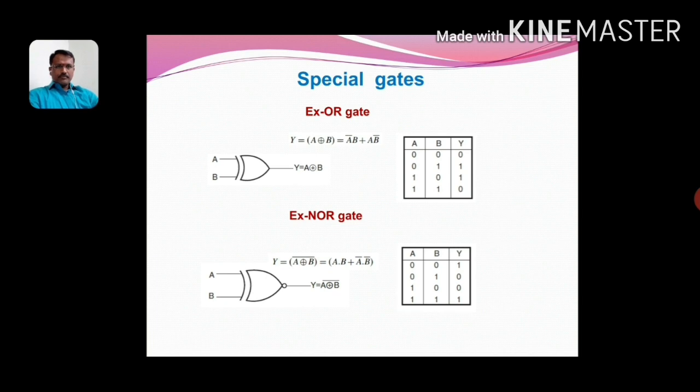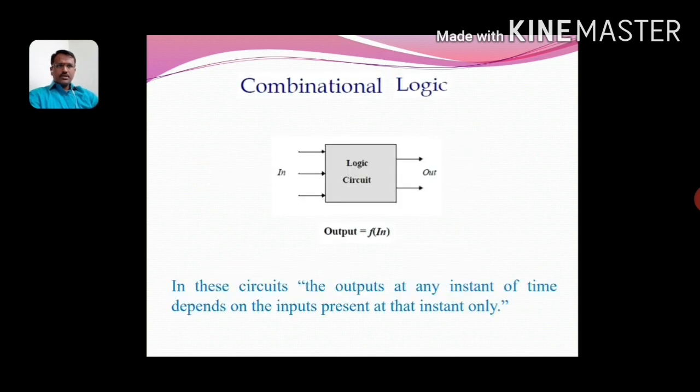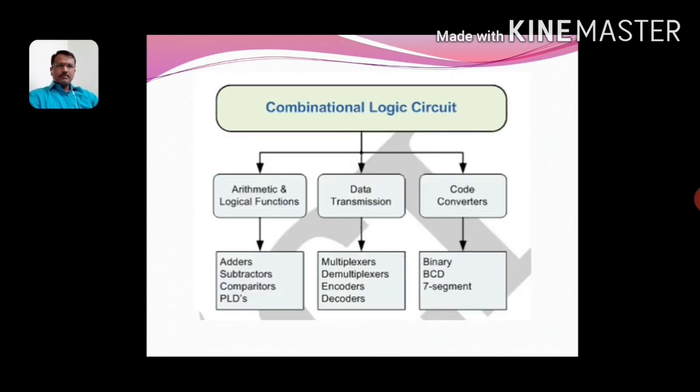So after that, the concepts of combinational and sequential logic. First of all, what do you mean by combinational logic? Combinational logic means logic whose output is a function of present input only. So AND, OR, NOT are combinational logic, and by using these gates we can construct different combinational logic circuits. They can be classified as arithmetic and logical functions, data transmission and code converters.